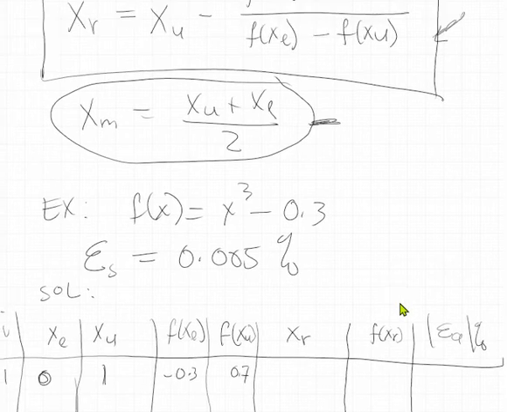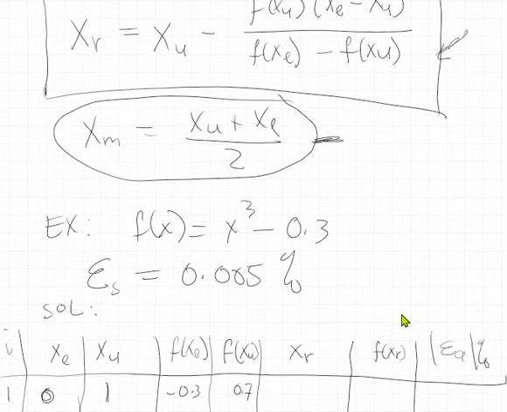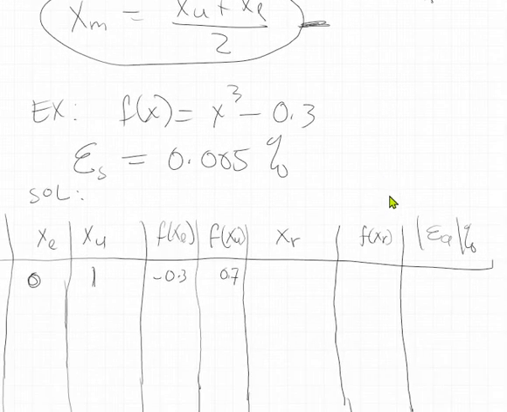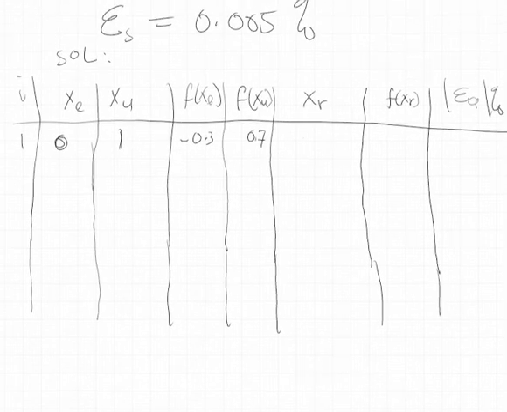What's the formula? xu minus f of xu times xl minus xu all over f of xl minus f of xu. So the answer here will be around 0.3. Then for f of xr, it's negative 0.270. And we don't have yet our approximate error.